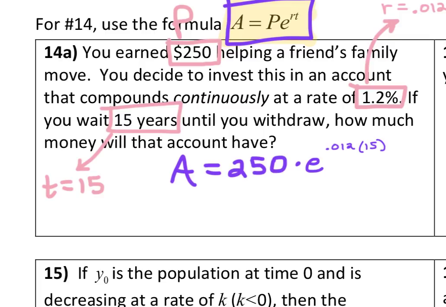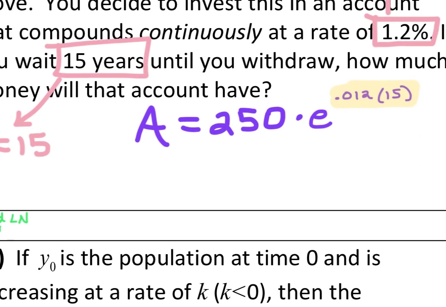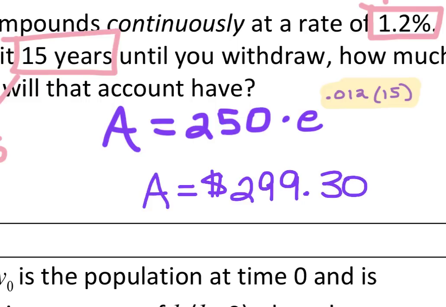You're going to make sure that you put the 0.012 times 15 as the entire exponent on e. And remember that to get e, you're going to type second ln to get e to whatever power, and then you fill in that multiplication problem for the power. And when you've done all of that, you should get the answer of $299.30.